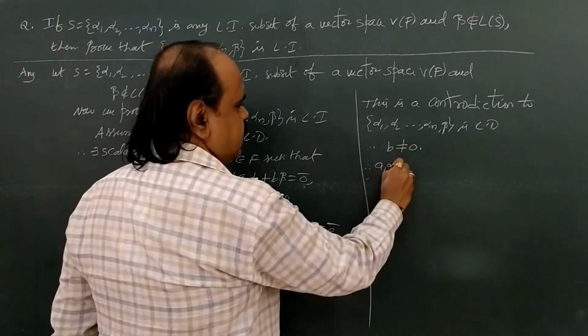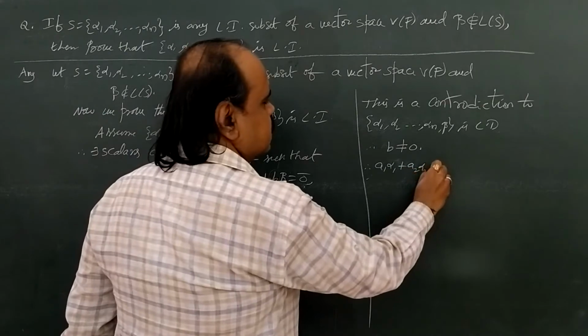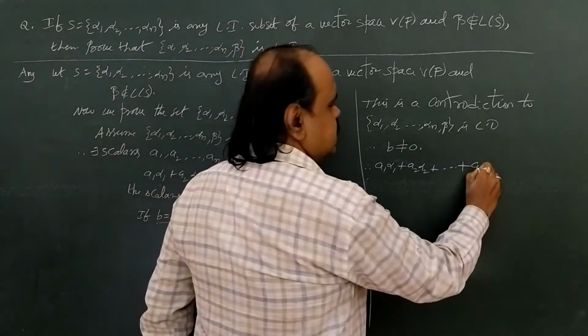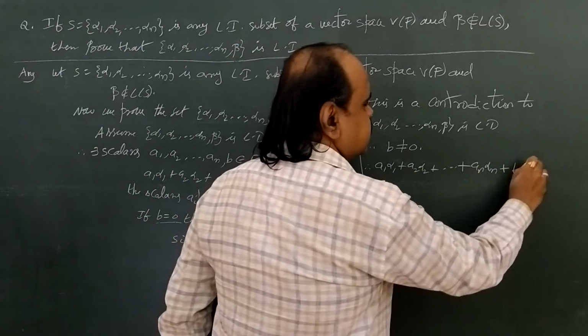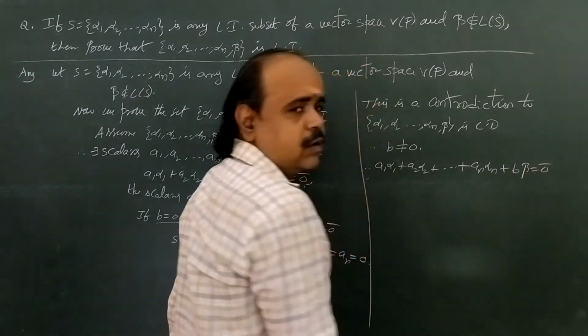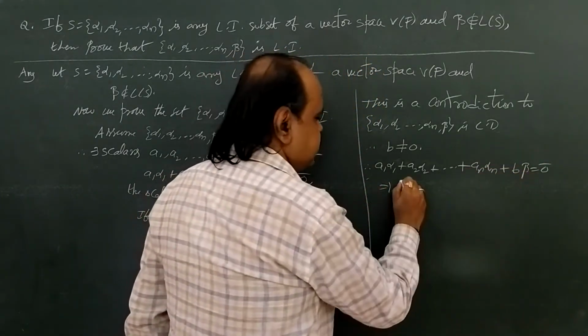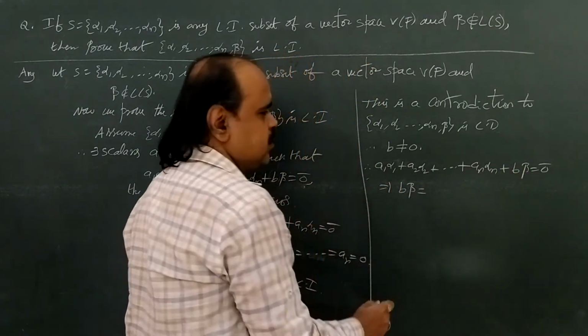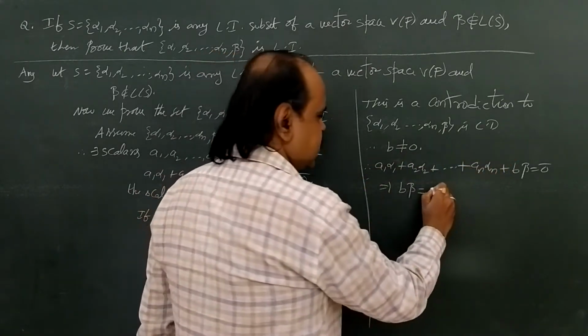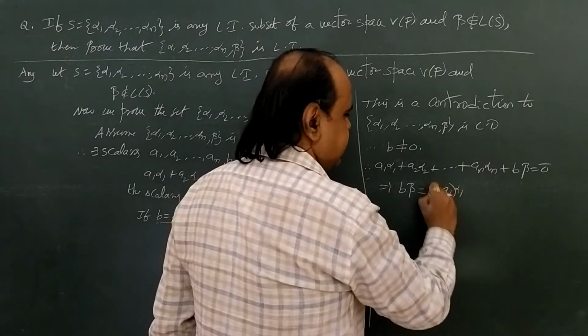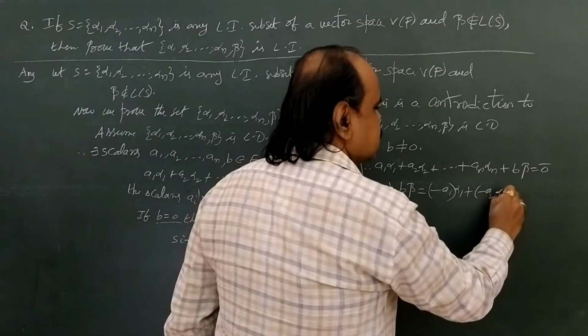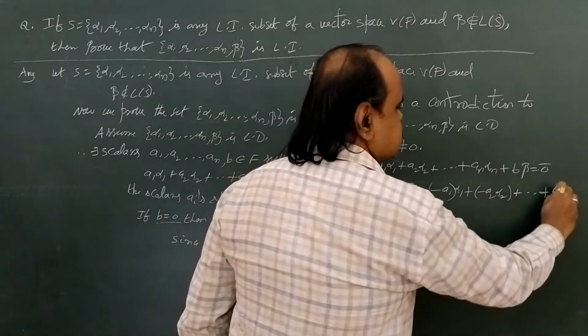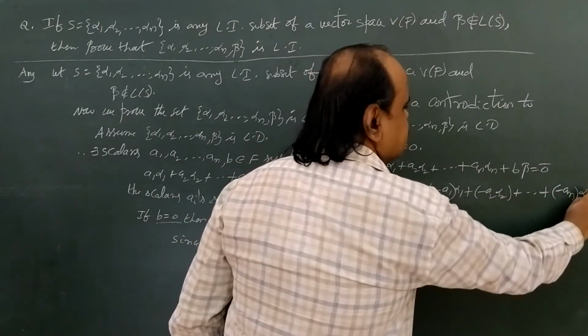Therefore, A1 alpha 1 plus A2 alpha 2 plus and so on plus An alpha n plus B beta equal to 0 bar. From this, B beta equals, taking all the terms to the other side, minus A1 alpha 1 plus minus A2 alpha 2 plus and so on plus minus An into alpha n.